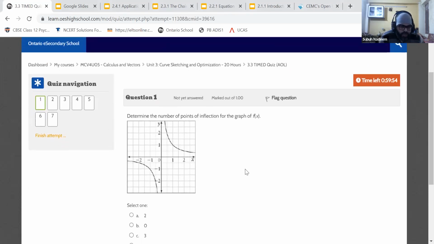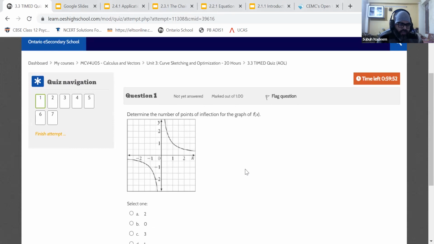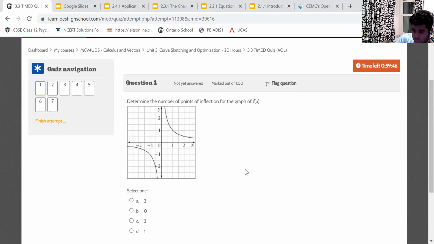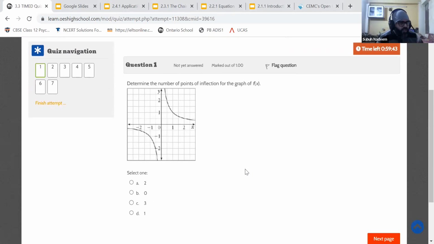Determine the number of points of inflection for the graph of a vector. So how many points of inflection are there? Isn't it 0? But what is a point of inflection? It's where the function changes concavity. So at x equal to 0, is it not becoming concave downward to concave upward?